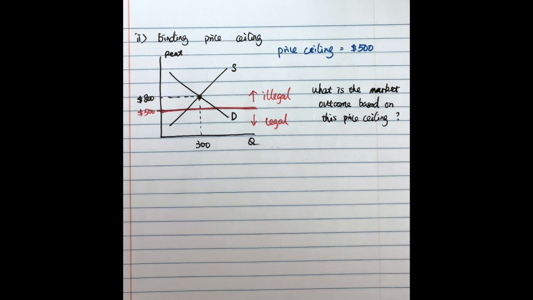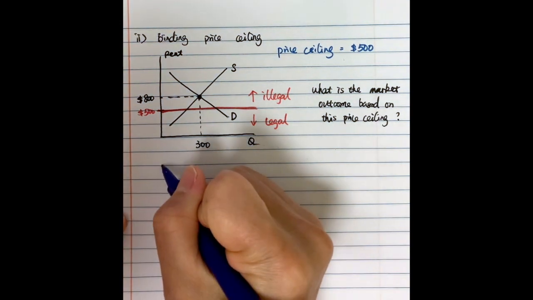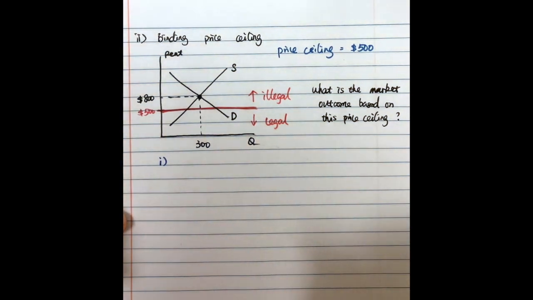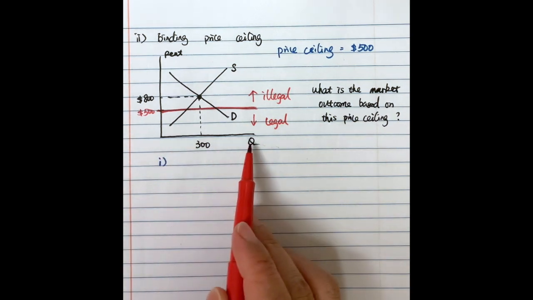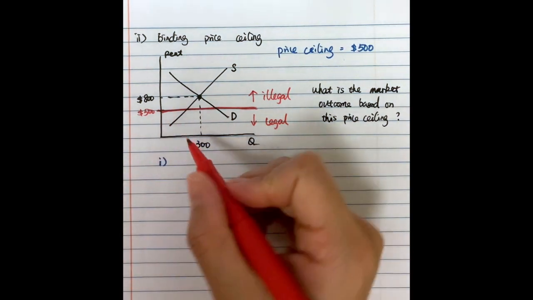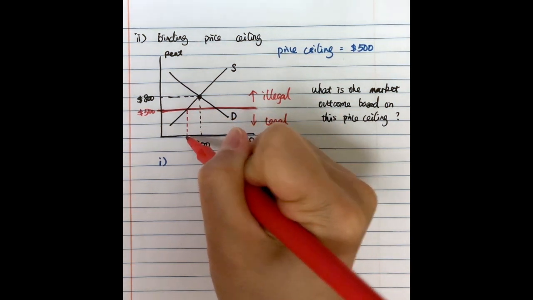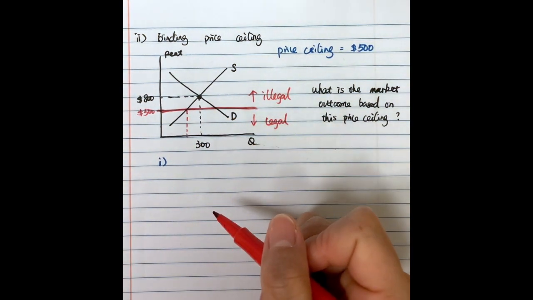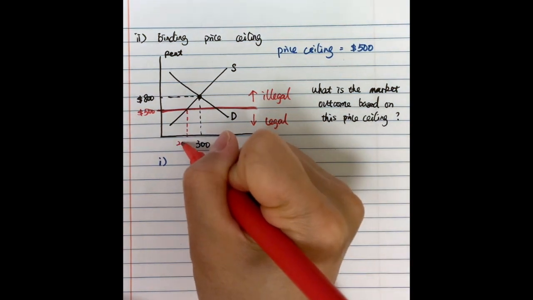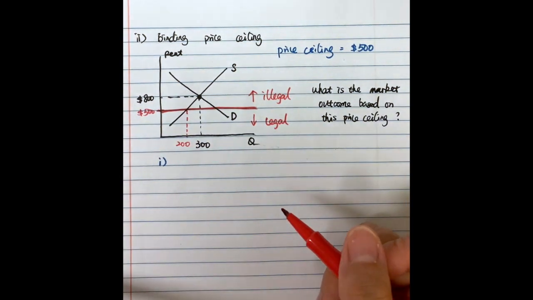So we will notice at this part, first we can mark 2 points on the horizontal axis. When the rent is $500, fewer apartments will be available in the market. Probably only 200 apartments will be available.